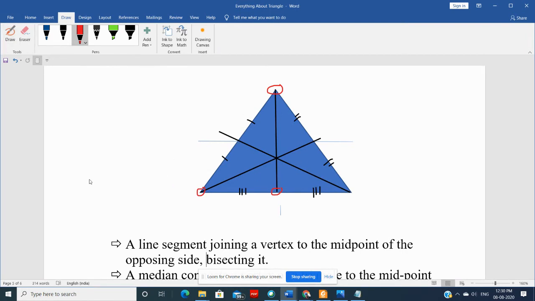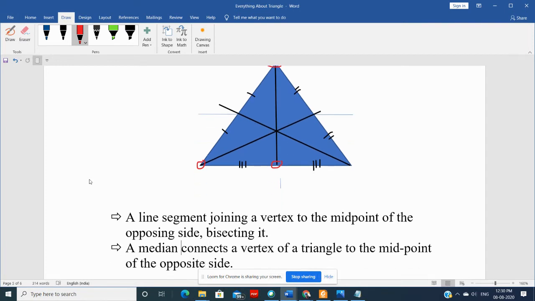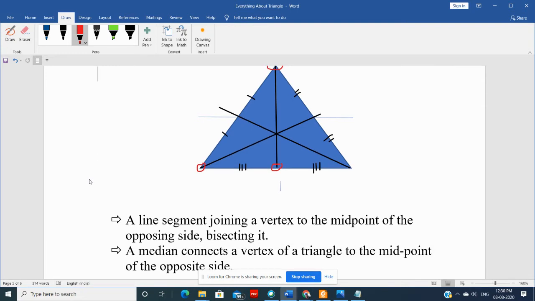Now we can see that a median connects a vertex of a triangle to the midpoint of the opposite side. So if you look at this from the viewpoint of this vertex, then you can say from the vertex to the opposite side.